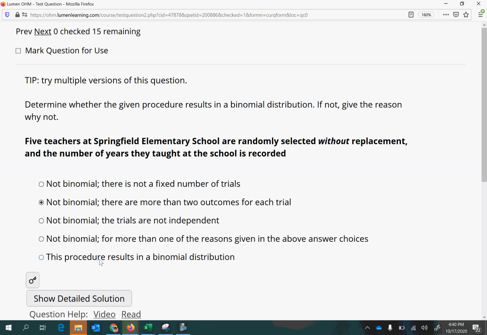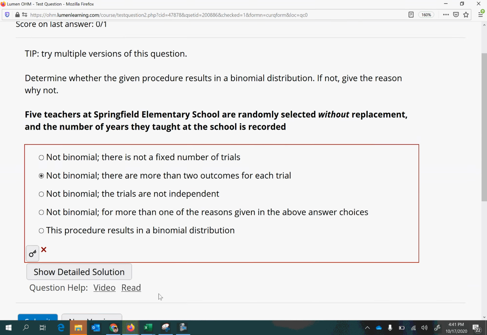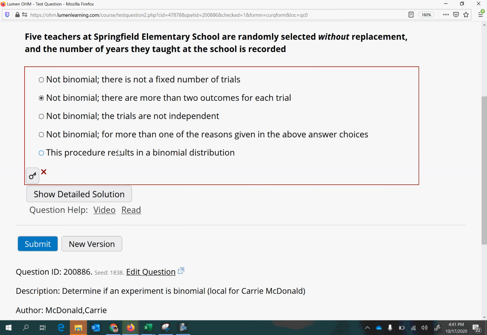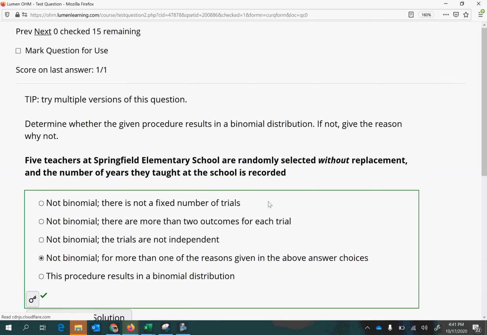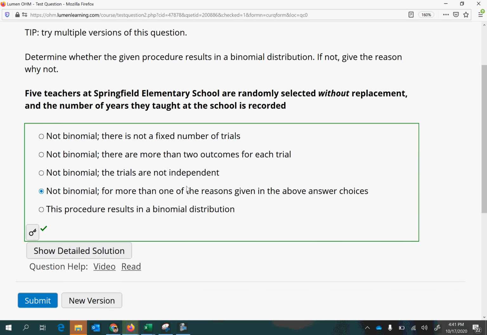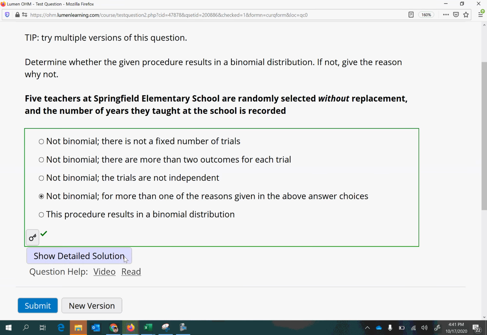I believe that this is the best answer here, but technically you could say that also we don't have constant probability of success. But I still feel like the best answer is the first one, so I'm going to go with that. Okay, so notice that really we probably should have chosen that there is more than one reason, since we also can't say that there's a probability of success from trial to trial.